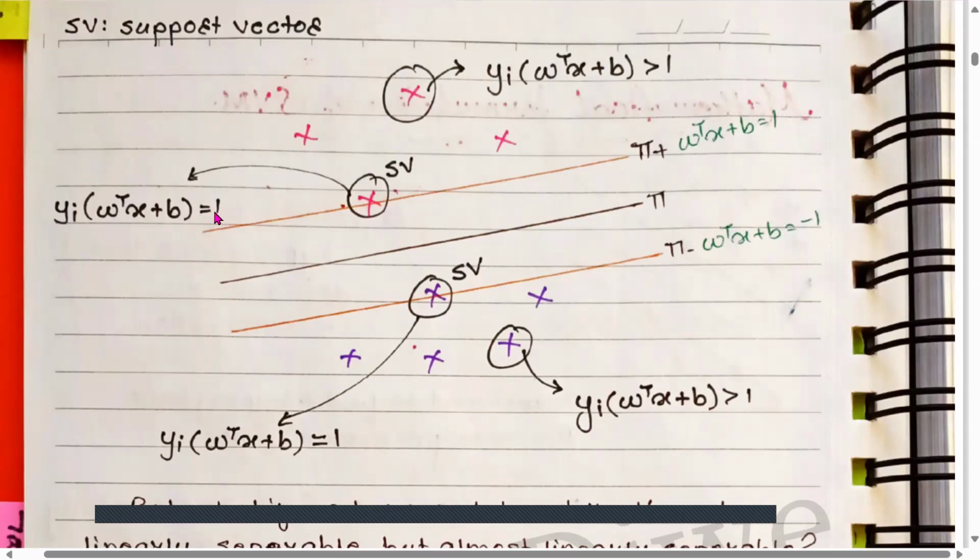Both are equal to one; do not get confused with the line equations plus one and minus one. Even though both equal one, these are the support vectors because they lie on this line.